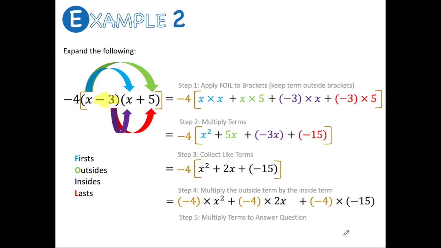So completing the multiplications, it is going to be negative 4x squared plus negative 8x, or subtract 8x, plus 60. So the expanded answer to -4(x - 3)(x + 5) is going to be negative 4x squared minus 8x plus 60. So there are a couple of examples of how we can expand an expression where we've got two sets of brackets plus an additional term outside of those brackets.